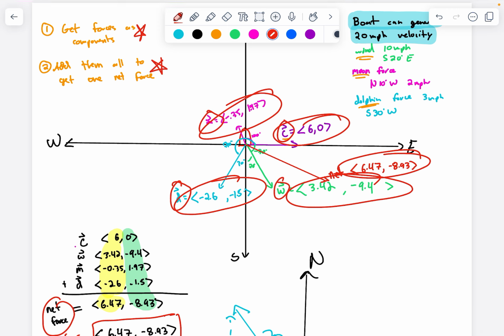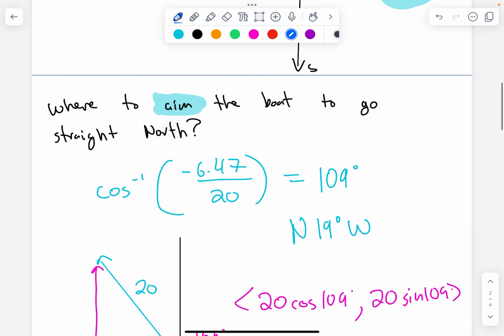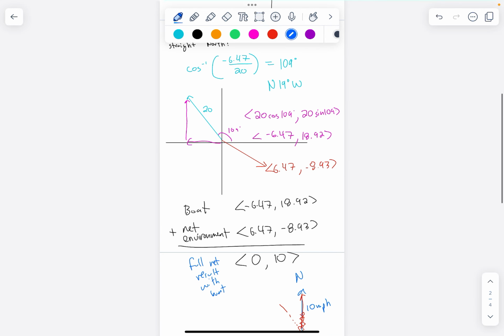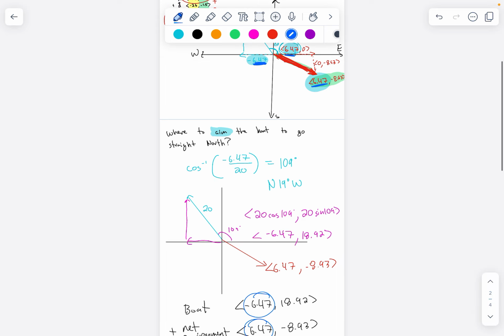Add all your environmental things, plus, and you get the net environmental force, which is just this thing. We want to go straight north. We need to counteract the horizontal so that we balance that force out, and then we get 0 somewhere down the line because we designed ourselves to get 0, and then we only go north. We don't go east or west at all.